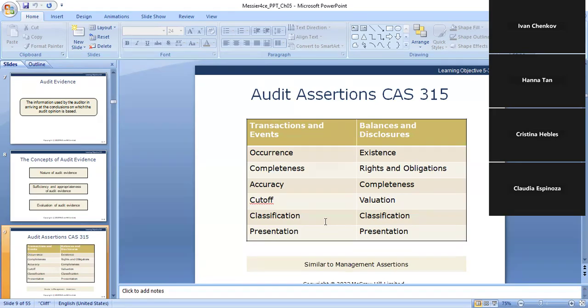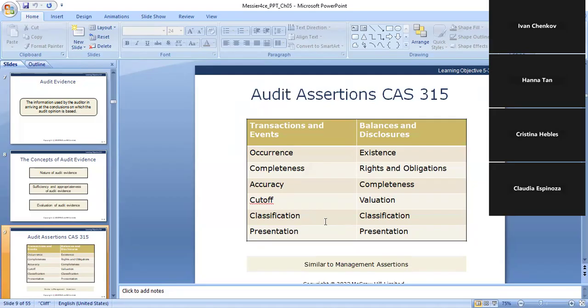So you won't be able to go further if you don't know what drives all the evidence that you have to gather through the audit process, which you have to establish through the audit procedures that you have to come up with in order to say, yes, I gathered enough evidence on which I can base my opinion.